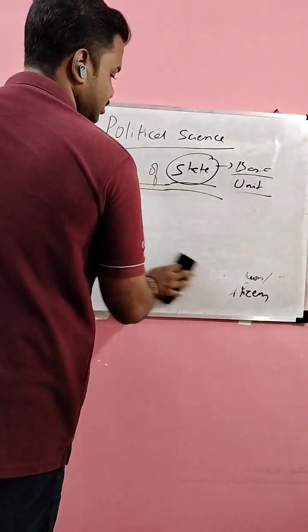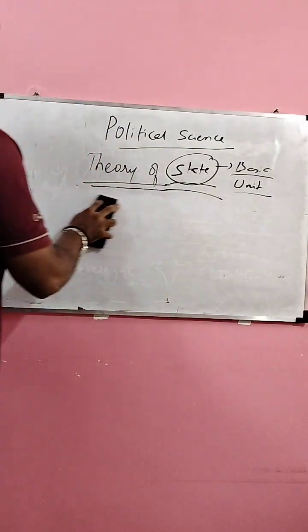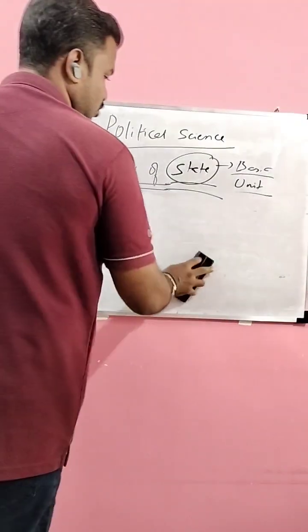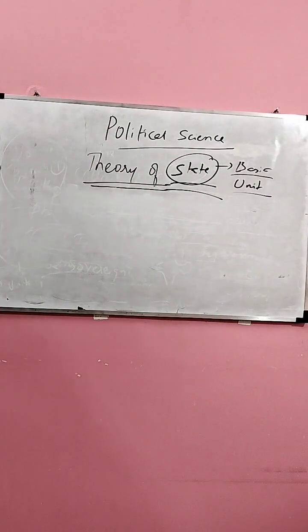Today you may come across developments at the international level. India has good relations with some countries, it has poor relations with some countries. But how do you look at these relations? You look at these relations through the concept state. India as state interacts with other units which are also states. Got it? Okay friends, now let's study the liberal theory of state.